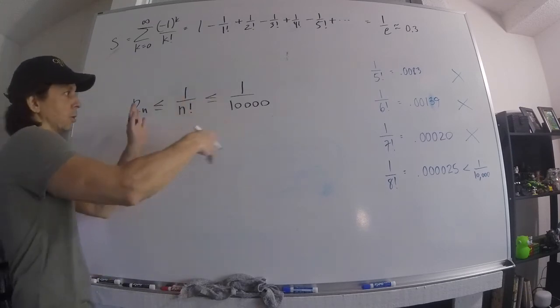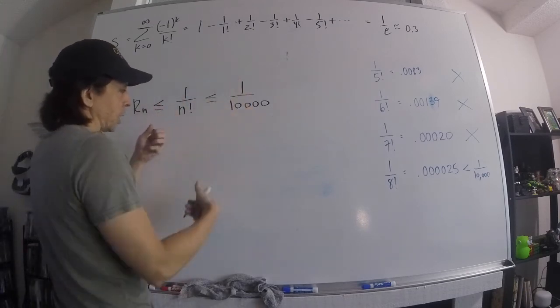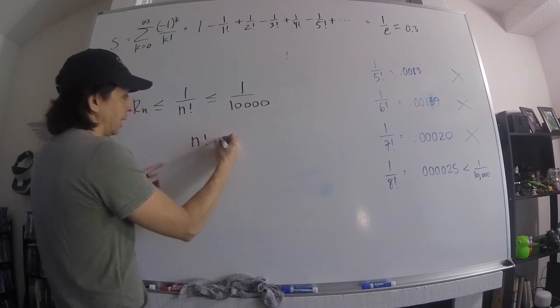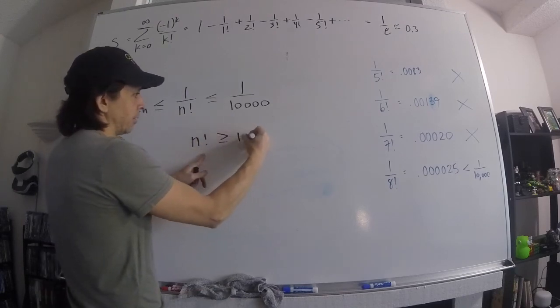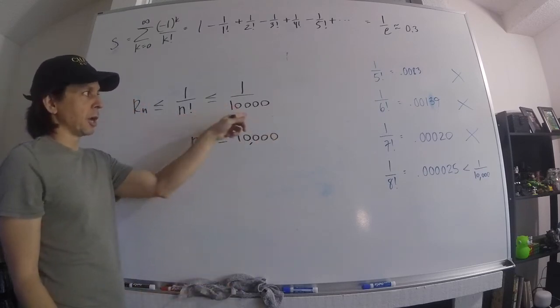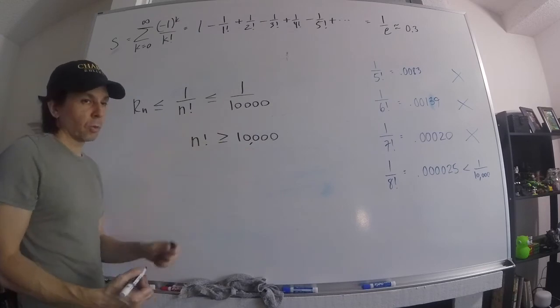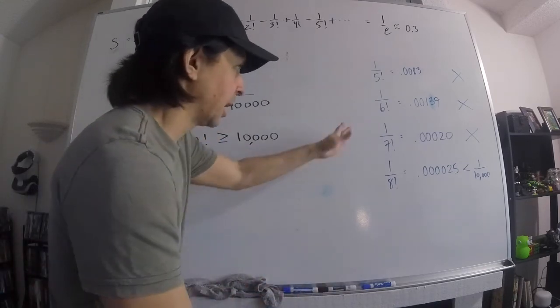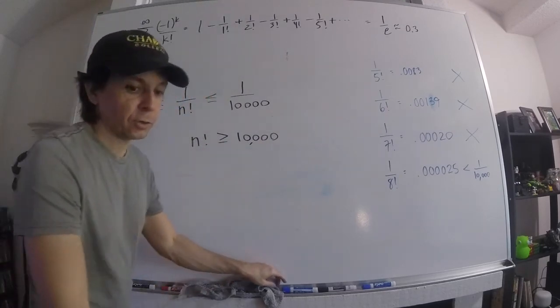So using your reciprocals and flipping direction or cross multiplying, however you want to think of it, this is equivalent to n factorial being bigger than 10,000. For this to be smaller than that, this denominator needs to be bigger than 10,000, or manipulating it algebraically.